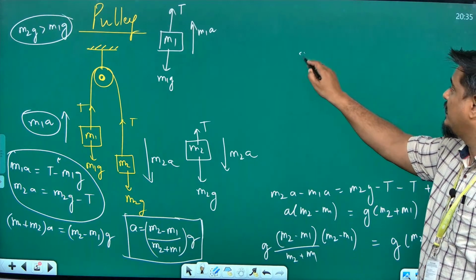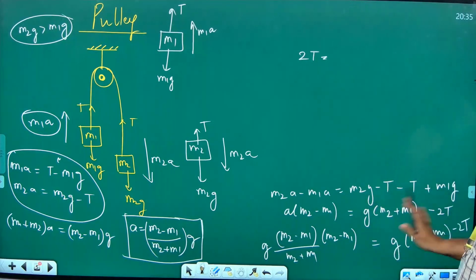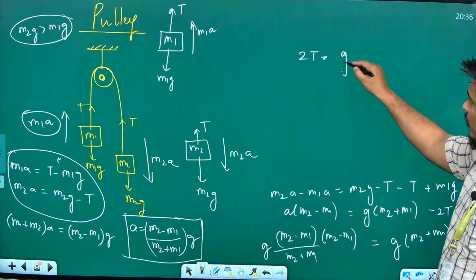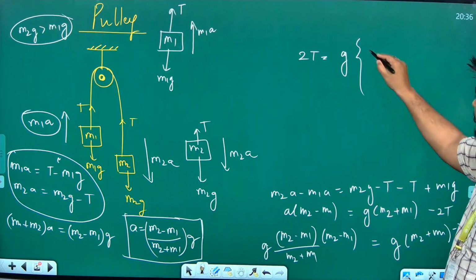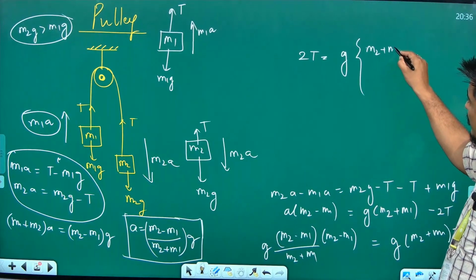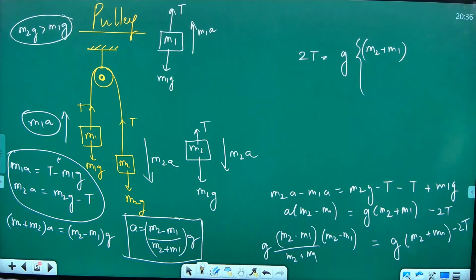Yeah, some space came. So, now I will solve this further. It will become 2T is equal to, this I will bring this side. So, g I will take common, I am going to get (m2 plus m1) minus (m2 minus m1) the whole square divided by (m2 plus m1), am I right? I am doing basic calculation, don't think I am doing integration and differentiation. Very basic addition and subtraction only.